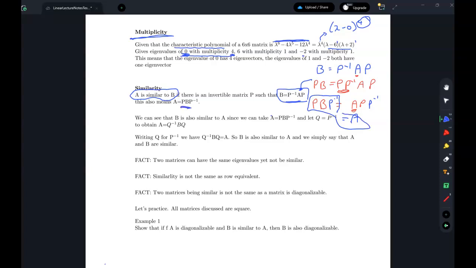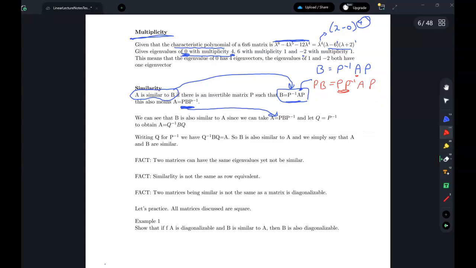So there's a relationship between A and B, but it starts off like this. Just carrying this along, I'm going to play with this. Hey, what if I just do a change of variables and let Q equal P inverse?